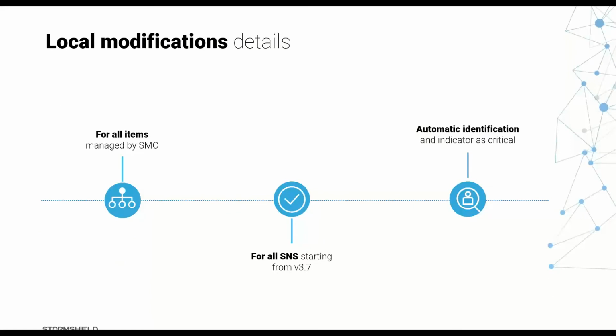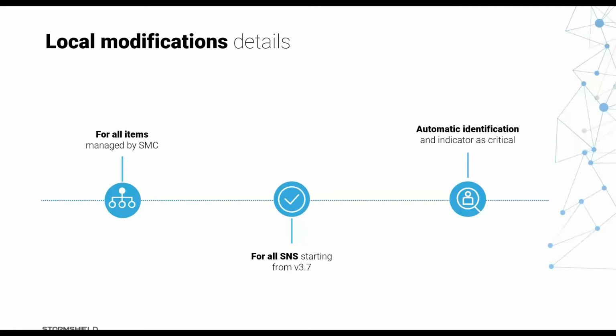So some details about local modifications. Local modifications that are identified automatically are all the features that are managed by SMC. So basically, the network, the policy rules, the objects, the VPN, the certificates.